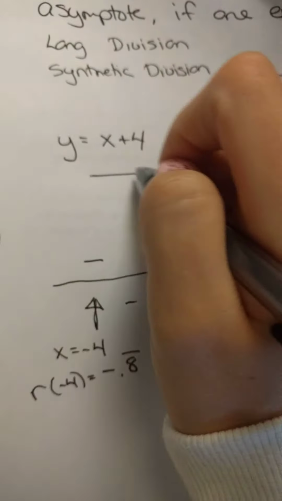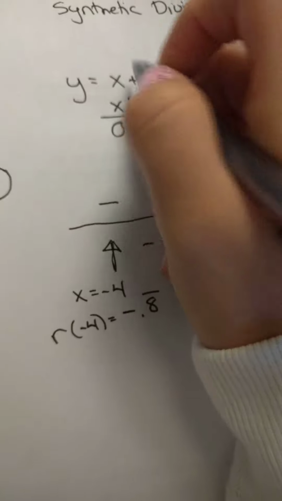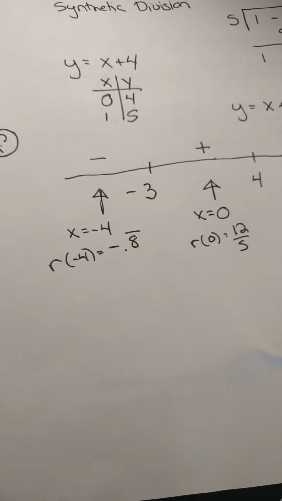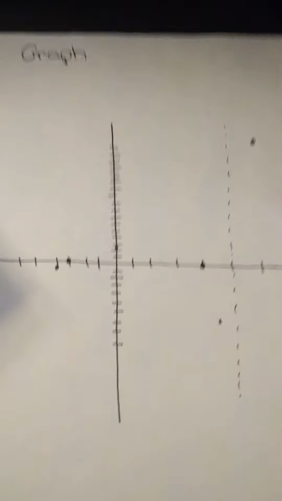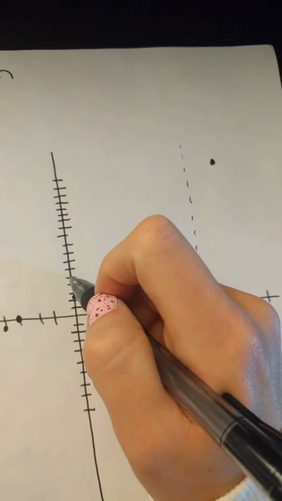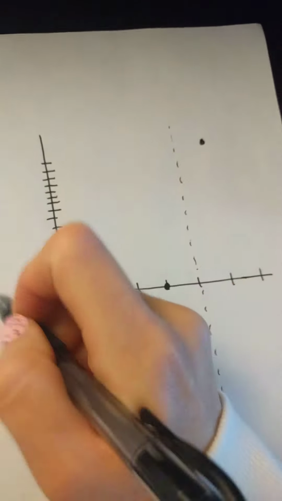If you need to come up with a couple different points on here, remember, pick points that are nice. So 0, 4, 1, 5. Go ahead, plot those. Now remember, you're going to use a dotted line because it is an oblique asymptote. It's not part of the graph. Oh, that's the wrong one. 3, 4. 1, 2, 3, 4.